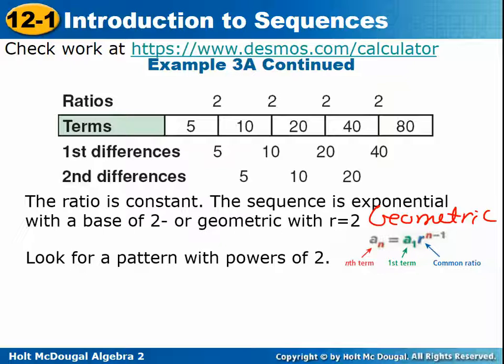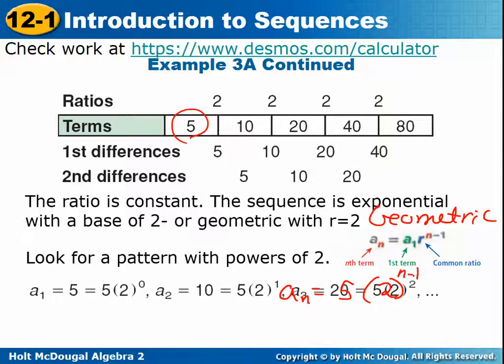Now the n will stay in the formula. So what we would do for this one is we would write a sub n equals, now we replace a sub 1 with our first term of 5. We replace r, I'm going to put it in parentheses, with 2 because that was our common ratio, and we leave the n minus 1.